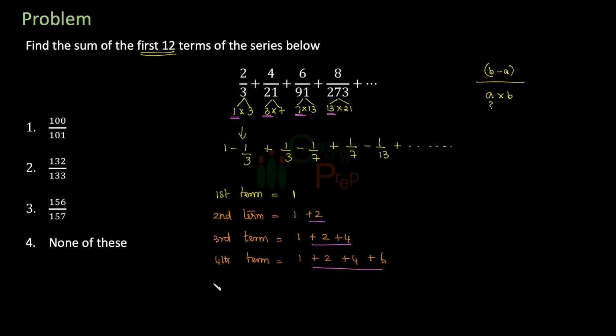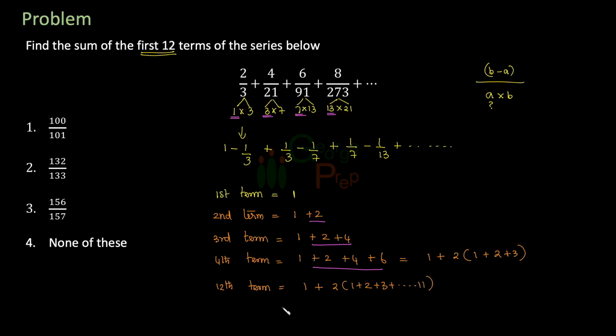So what will be my 12th term in that case? So if I go for the 12th term, that should be 1 plus. Now I can also rewrite this as 1 plus. Now all the multiples of 2 are there, so I'm going to take 2 outside and write 1 plus 2 into 1 plus 2 plus 3. So for the fourth term, I'm going till 3. So for the 12th term, I should go till 11.